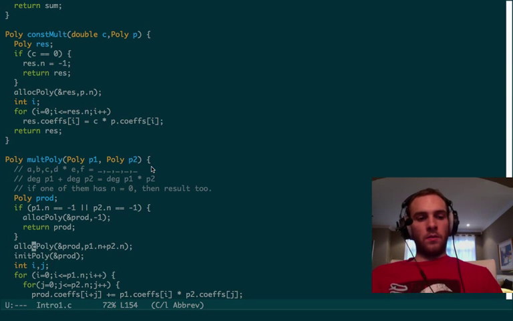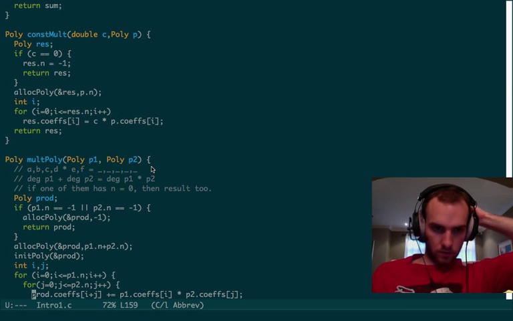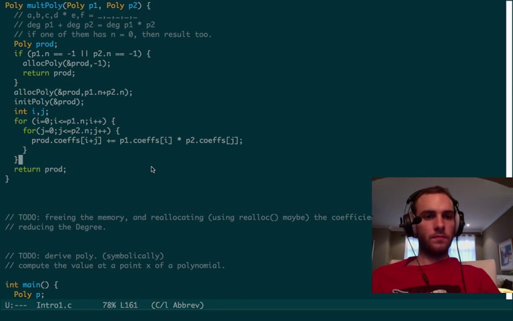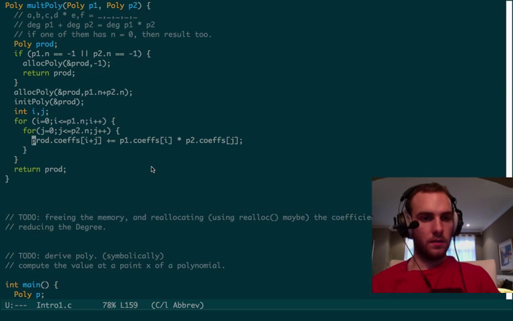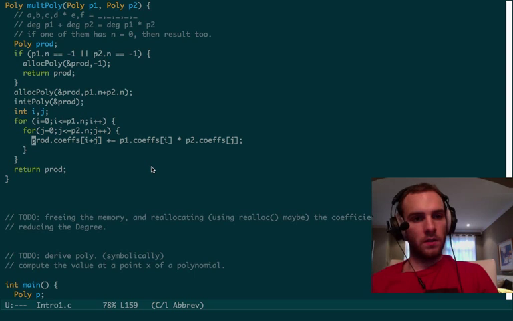See, now it's arguably clear what's going on. It's not always the case that by introducing more functions you make things clearer.